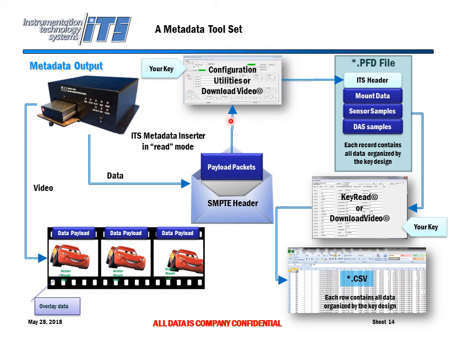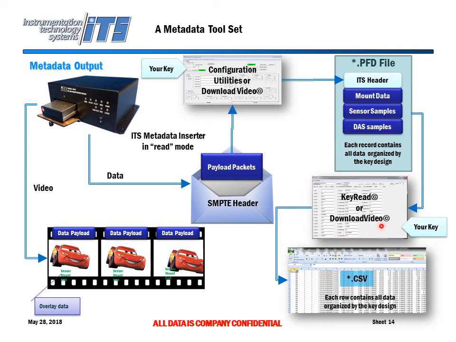You import the CSV file to them, and now it knows how to extract that data and take it out and bring it to a file that we call a PFD file, which has all of the sensor samples in it. And that PFD file then can be used with another element of our toolset, key read. Again, bring the CSV file that defined the key into this.